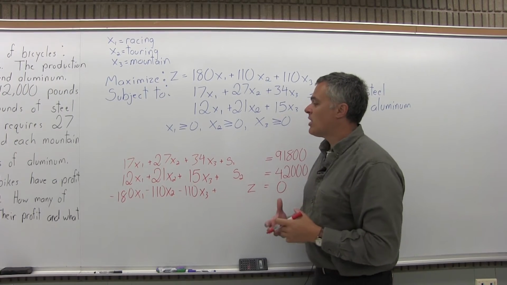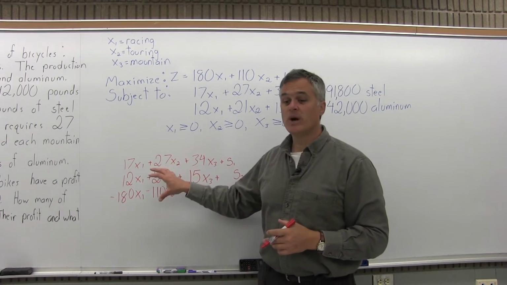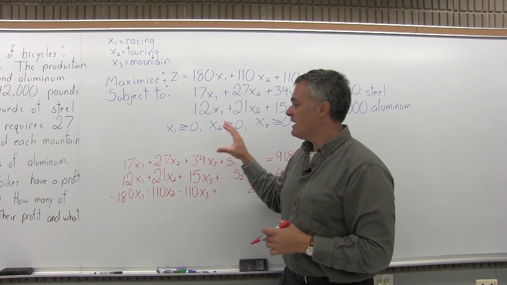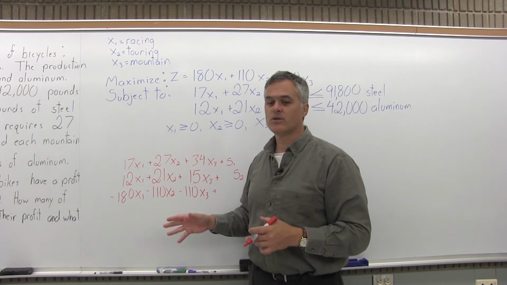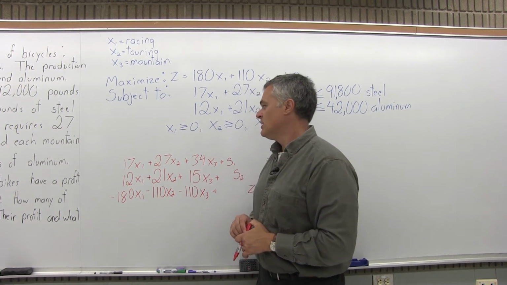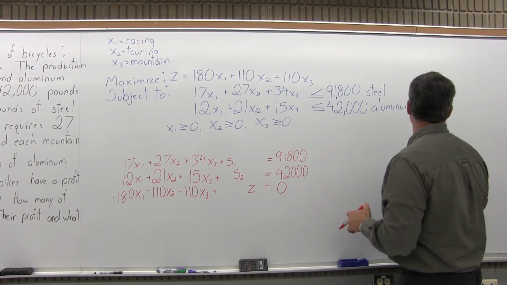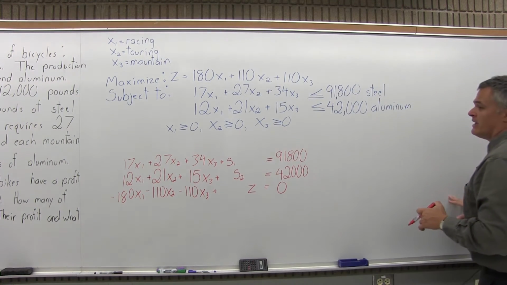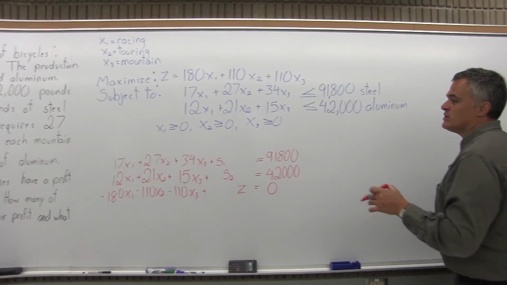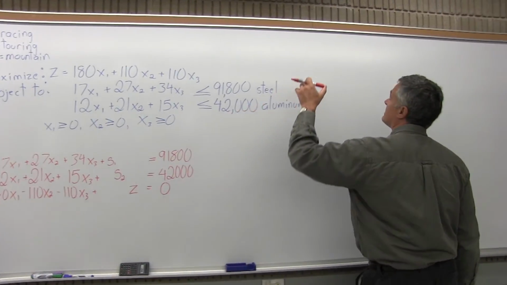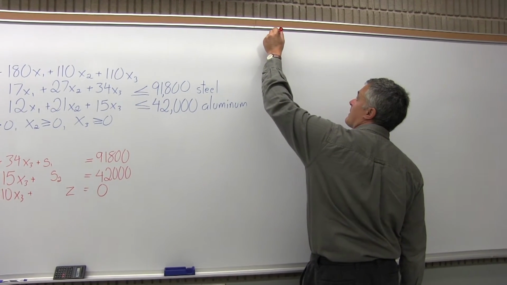And then what's on the right-hand side of the equation after I've rearranged it is a 0. So now my problem has been written as a group of equations, not inequalities, and the equations are written so that all the variables line up. Now I'm ready to turn this into a matrix. So now let me move over a little bit to the right, and I'm going to set up a matrix, and I'm going to label my column headings. So in terms of my x variables, I'm going to have x1, x2, x3.